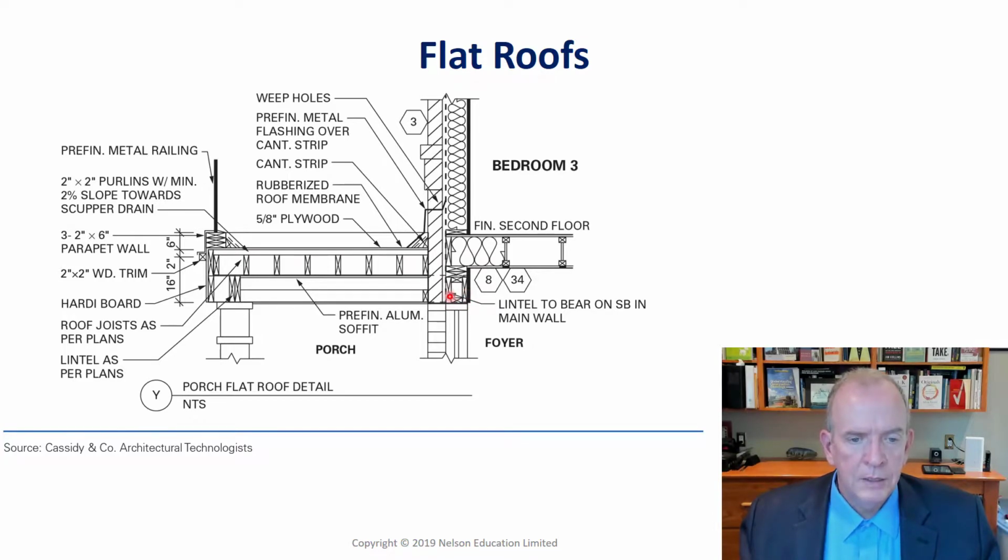Likely the lintel would be doubled up through here, not exactly as shown in this particular illustration. We've got our airspace between our brick veneer and our frame walls. So there are a lot of things going on in this particular case. It gives you an idea of how we cut roofs and frame them in place, and some of the processes that we need to think about.